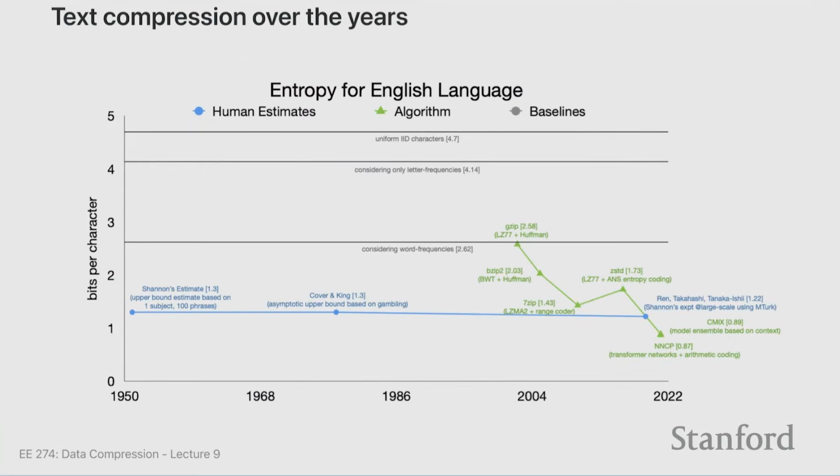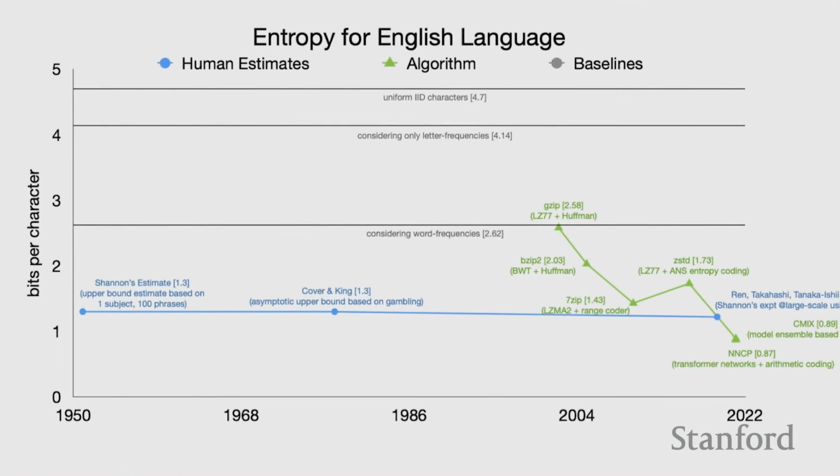This is a slide that Pulkit created at some point, which just shows over time how compression for text has improved. And this is gzip, bzip2, 7zip, right? And here we show, if you assume that the characters are uniform, it's very bad. Bits per character is more than 4.